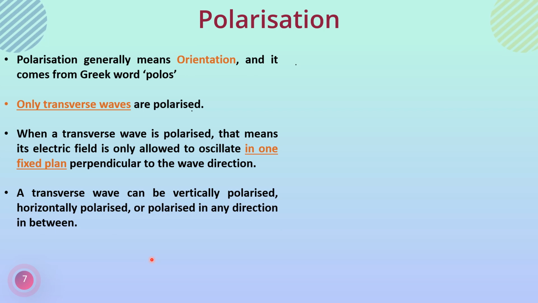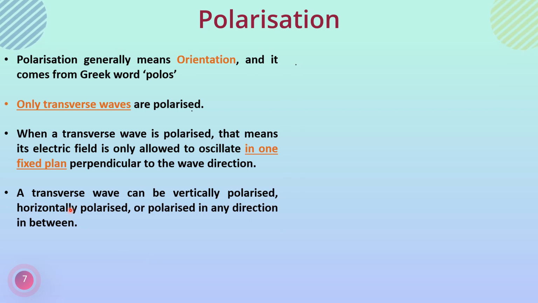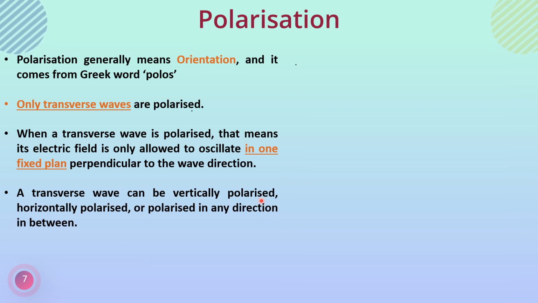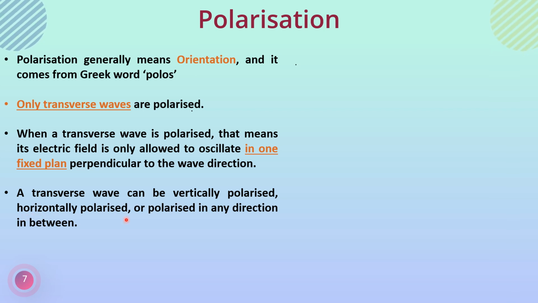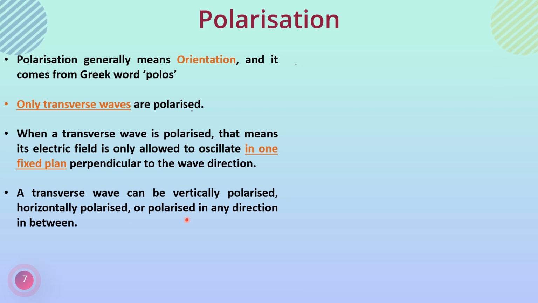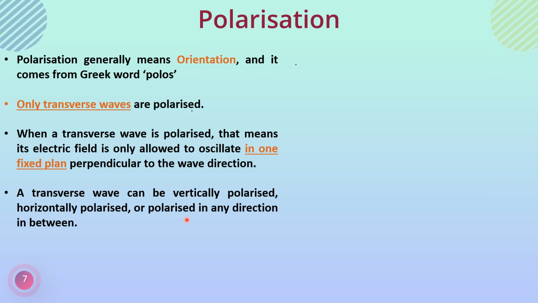A transverse wave can be vertically polarized, horizontally polarized, or polarized in any direction. It doesn't matter. It can be polarized at 10 degrees, 5 degrees, 320 degrees, whatever, no matter which direction you want to polarize.